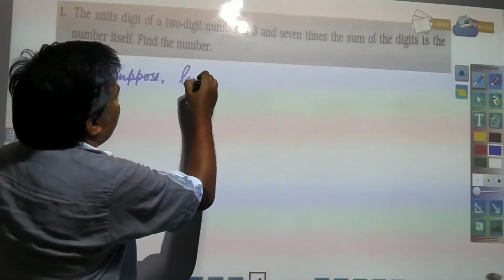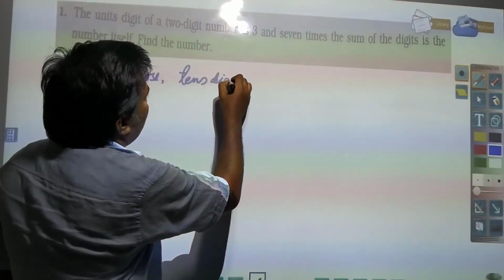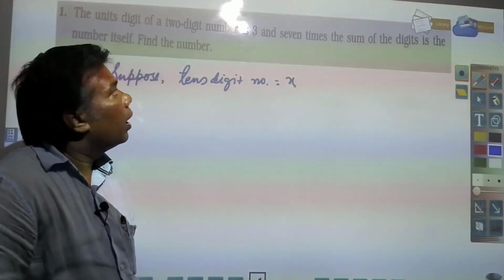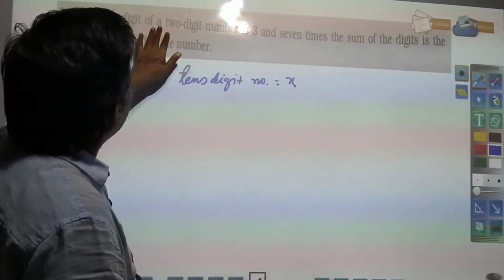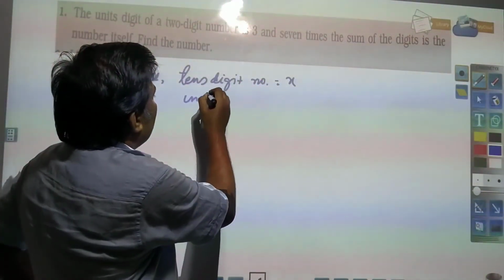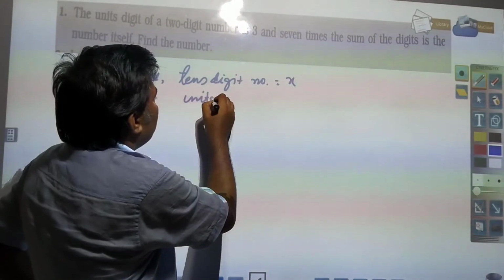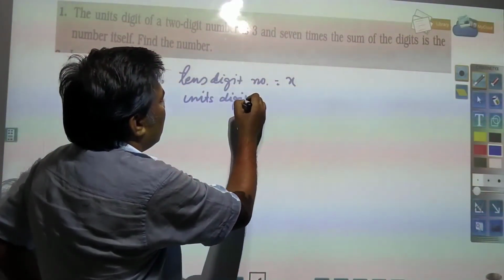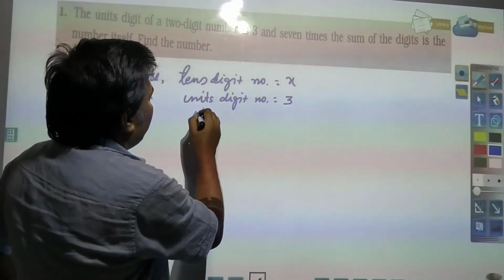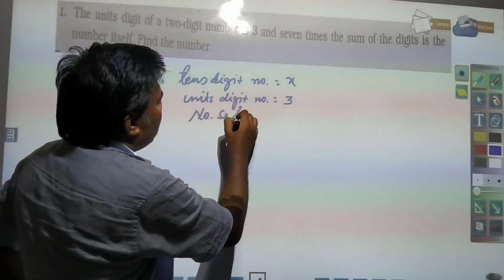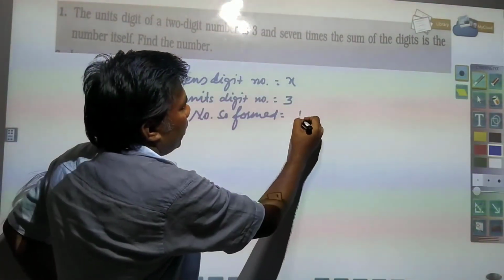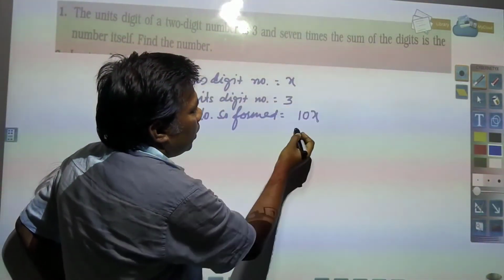Suppose the tens digit is equal to x, and the units digit of the 2-digit number is already given, that is 3. Then your number so formed will be 10 into x plus 3.